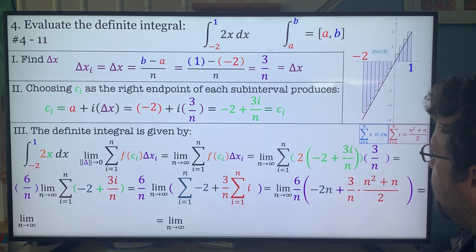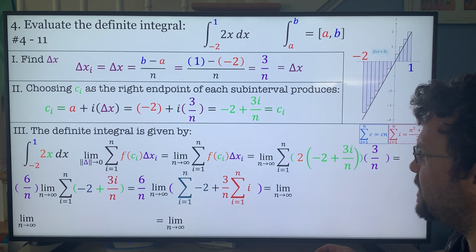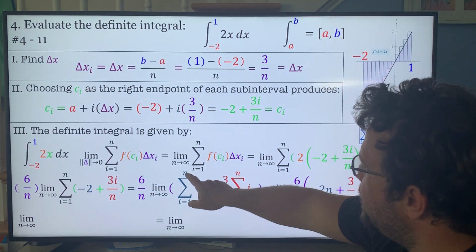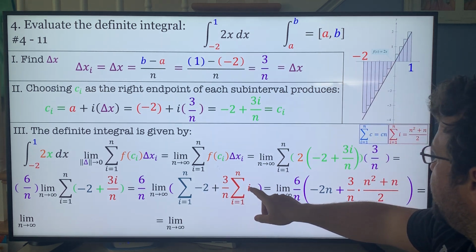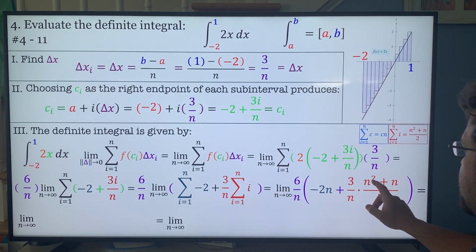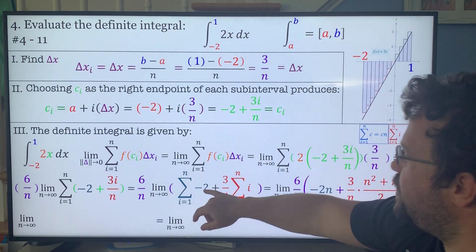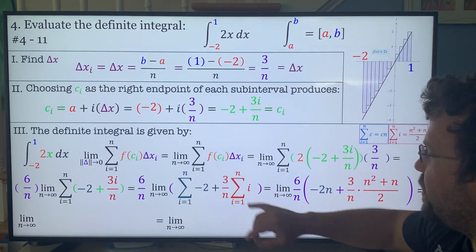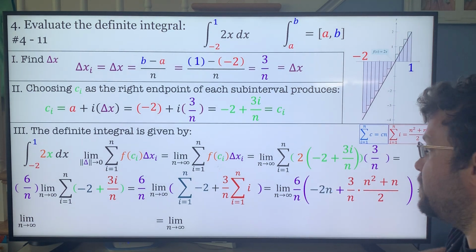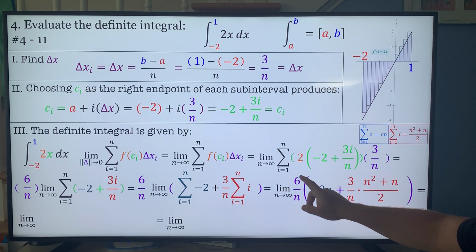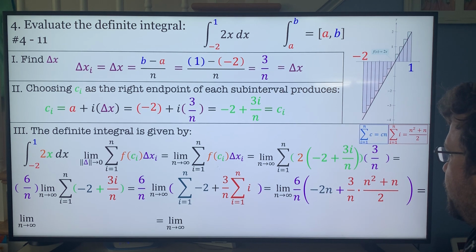The constant is c times n, so it's negative 2 times n, and then the summation of i is n squared plus n over 2. So you're actually just putting this expanded form in for your i squared, your i cubed. This one you just do whatever this is times n. Got it? And the 6 over n stays up front.